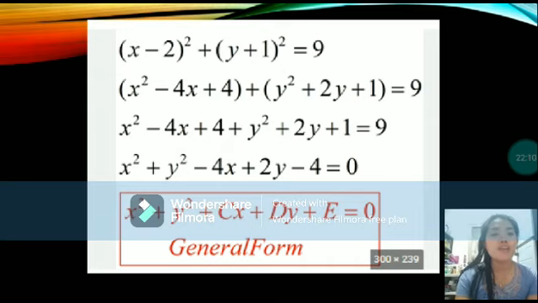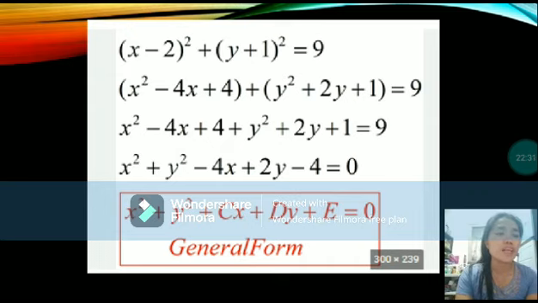So you have x squared minus 4x plus 4 plus y squared plus 2y plus 1 is equal to 9. Then, you have x squared plus y squared minus 4x plus 2y minus 4 is equal to 0.